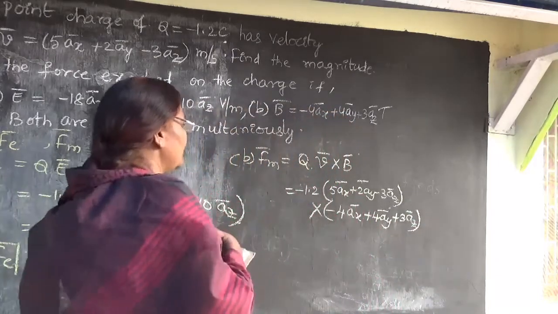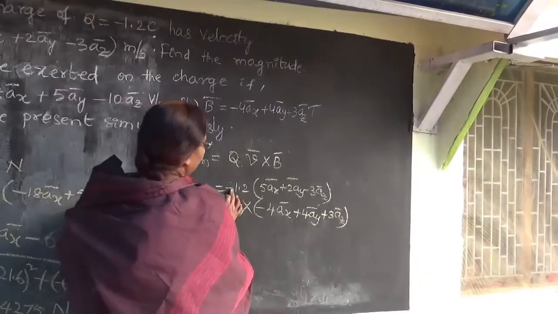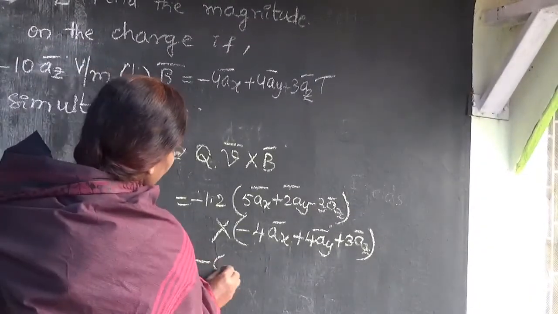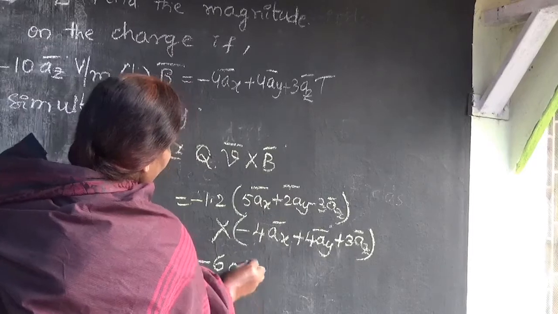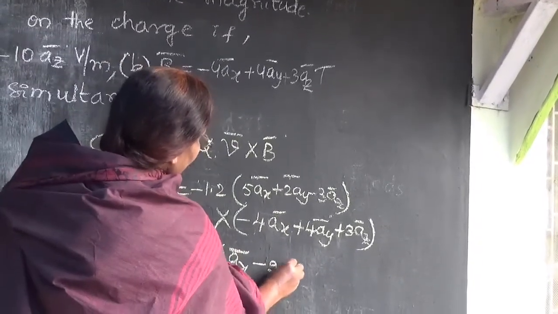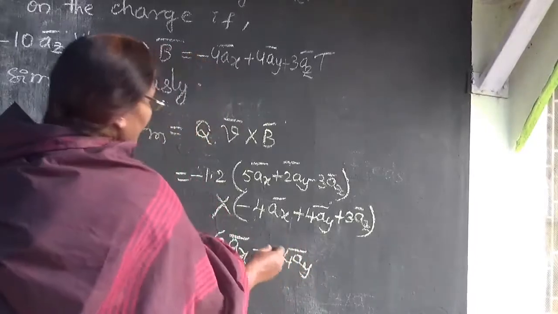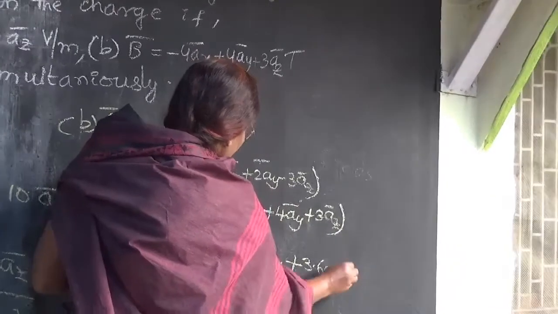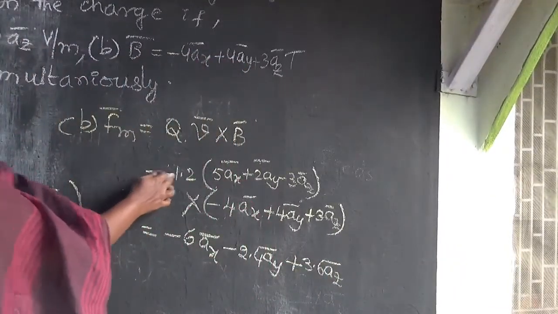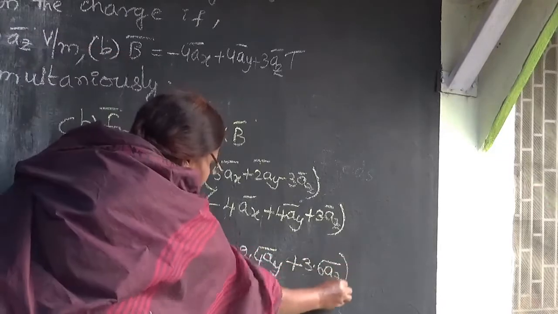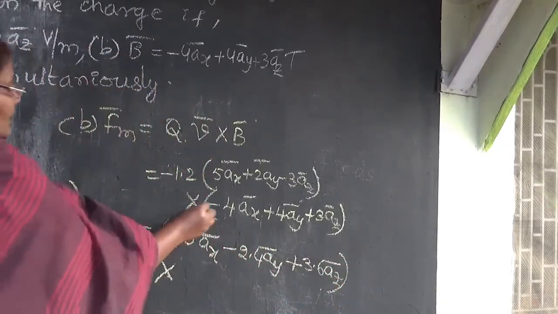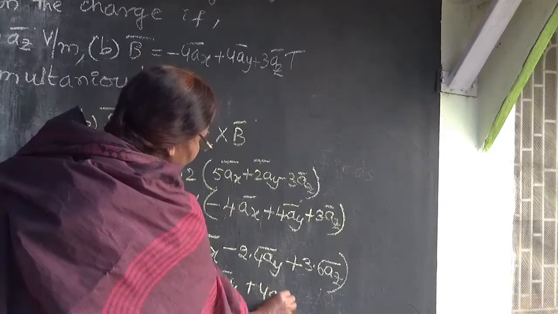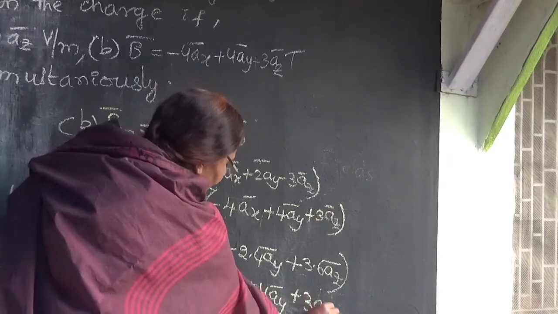So how can we do this? First you multiply minus 1.2 with all these quantities. So you will get minus 6 AX bar minus 2.4 AY bar, minus into minus plus 3.6 AZ bar. So if I multiply this with this, I will get this quantity, cross minus 4 AX bar plus 4 AY bar plus 3 AZ bar.